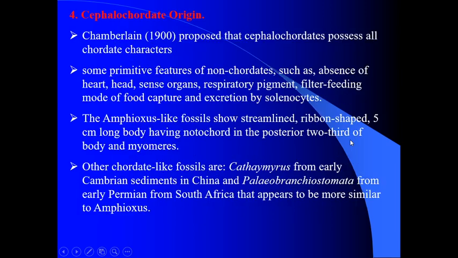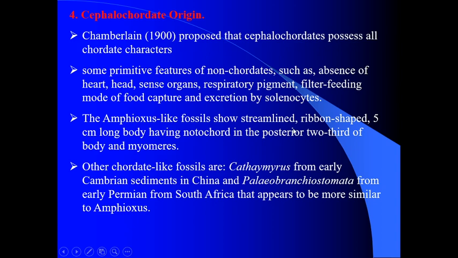And now the fourth theory is the Cephalochordate origin. According to some scientists, the chordates originated from the group Cephalochordata. Chamberlain is the scientist, in 1900. He proposed that these chordates originated from the cephalochordates. There are certain primitive features of the non-chordates, for example, absence of the heart, head, etc. Then food capture is by the solenocytes. An example of Cephalochordata is Amphioxus.